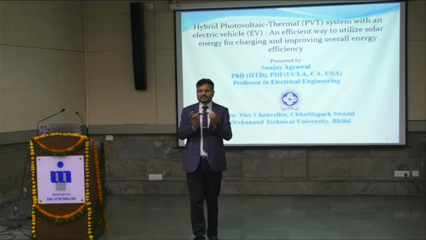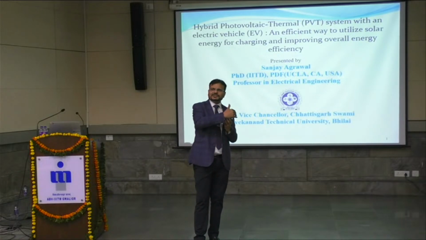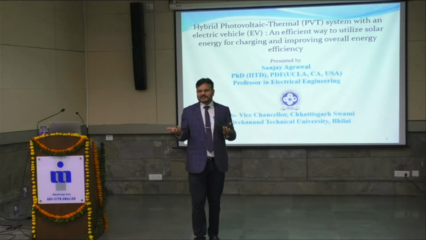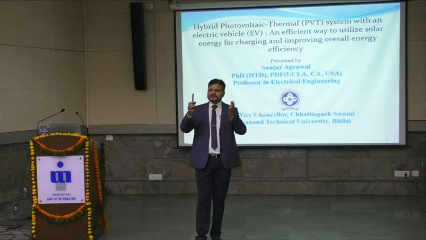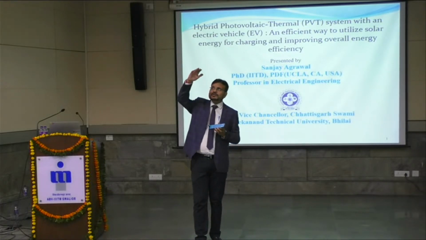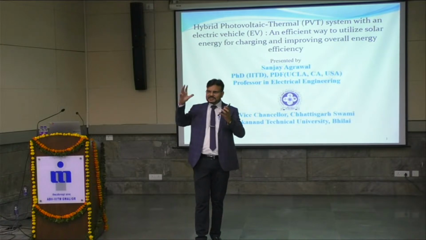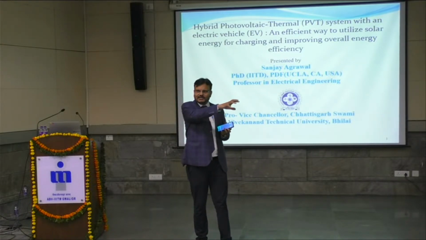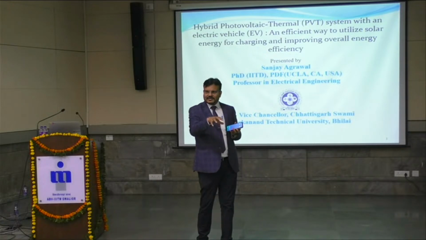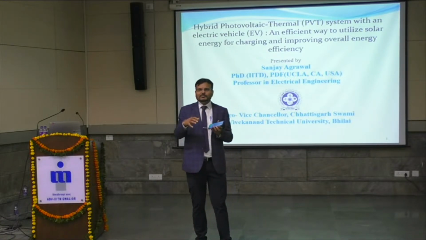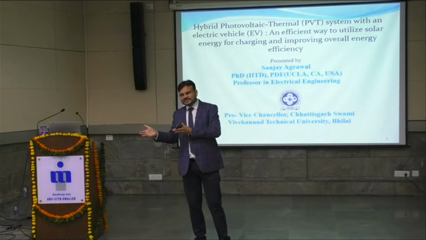At the same time, you are getting some thermal energy, and this thermal energy can be used for some meaningful purpose. Suppose there is a big PV array installed on the roof of a building. This duct can be integrated into a room, so you will get some hot air in this room. So it will be called a building integrated photovoltaic thermal system.